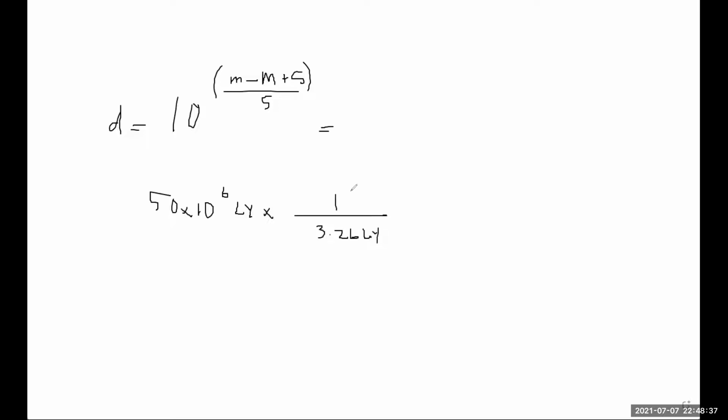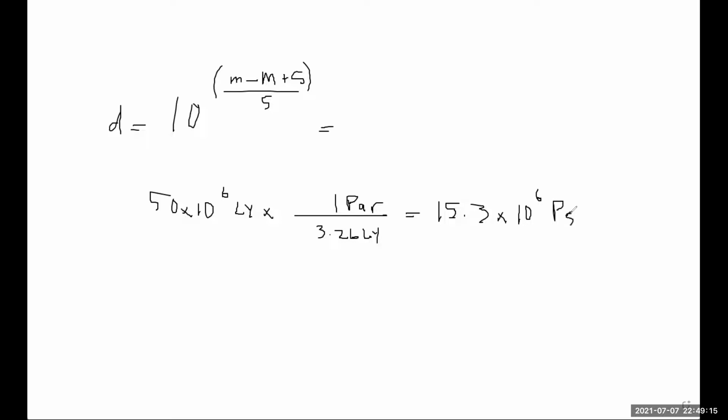So we can get an approximate value of what the distance to that galaxy should be. 50 divided by 3.26 is about 15.3 times 10 to the 6 parsecs.